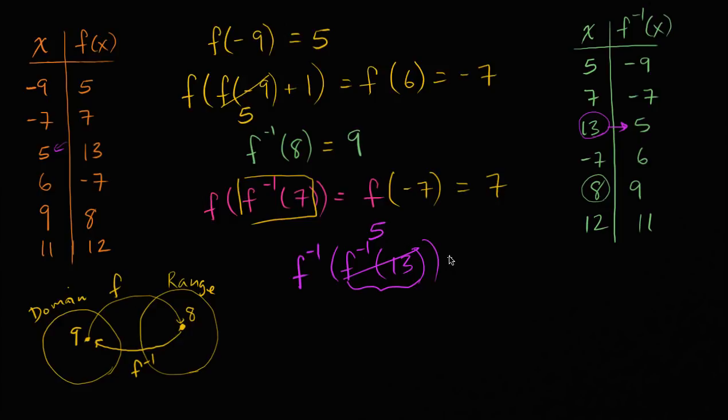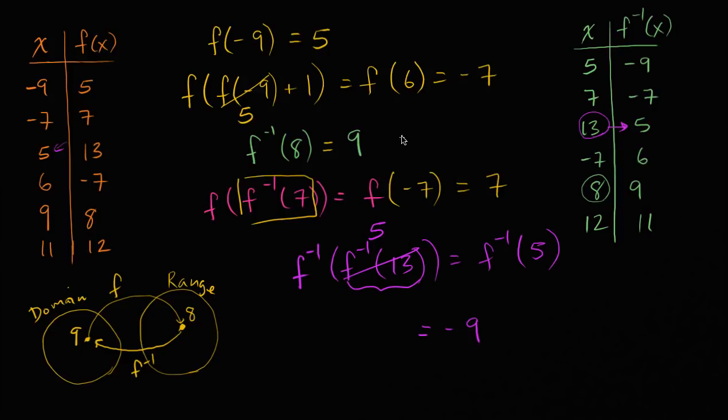So this whole thing is the same thing as f inverse of 5. And f inverse goes from 5 to negative 9. So this is going to be equal to negative 9. Once again, f goes from negative 9 to 5, so f inverse is going to go from 5 to negative 9. So at first when you start doing these kinds of compositions of a function and its inverse, it looks a little confusing.